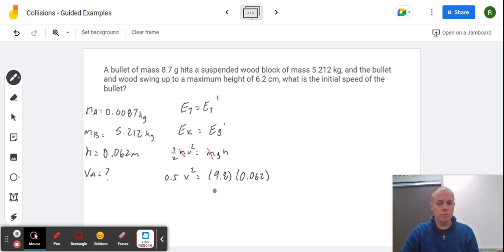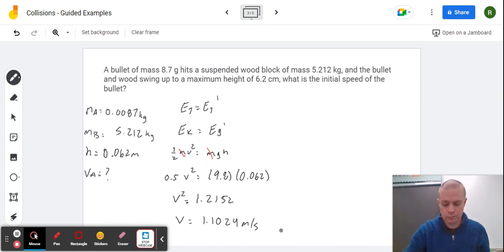Okay. So we get these values, and by multiplying and simplifying, we get a velocity. This velocity that we found is the same as the v prime in our conservation of momentum.